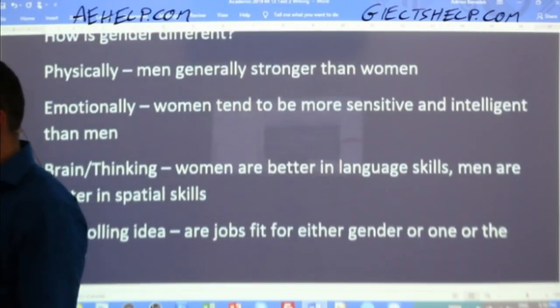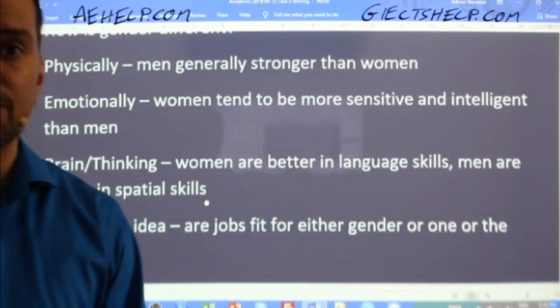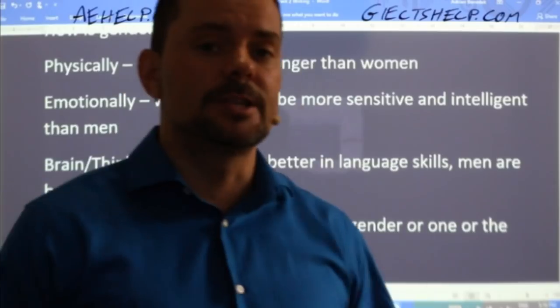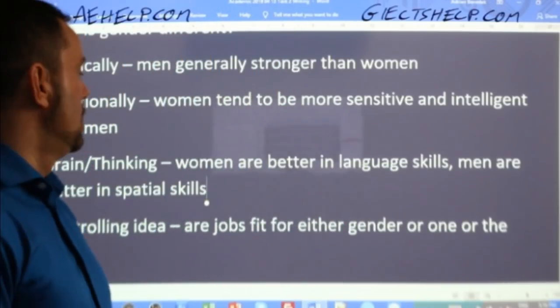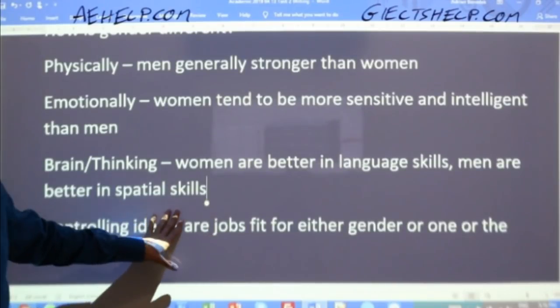Okay, that's true. Yeah, there's a lot of studies that show that on average, okay, again, I don't want anybody going, oh, Adrian's saying this and that. No, we're talking about research, studies, averages, okay? So women are better in language skills, men are better in spatial skills.